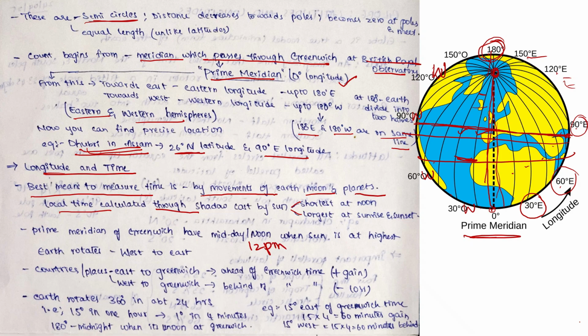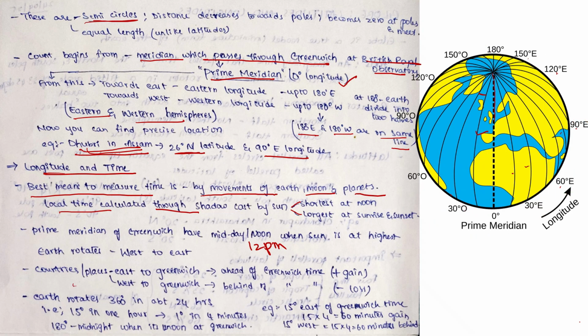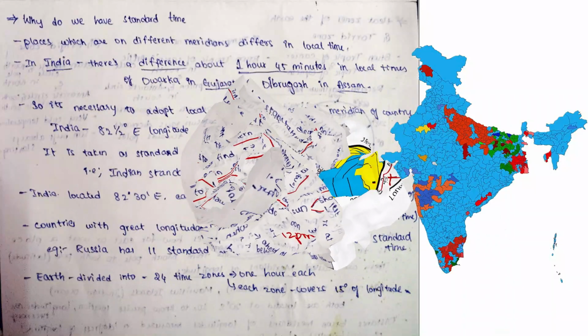If the sun is directly on the prime meridian, then it is noon there. Always remember, Earth rotates from west to east. So countries east of Greenwich are ahead of Greenwich time, meaning they gain time, and countries west of Greenwich lose time.